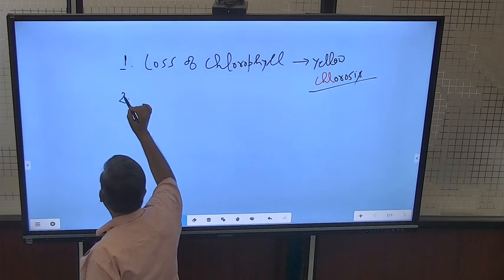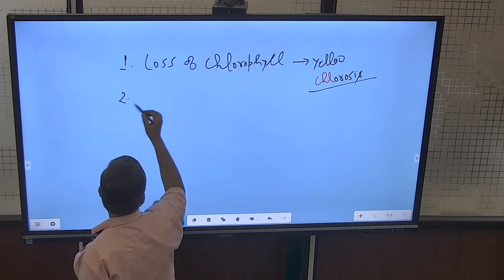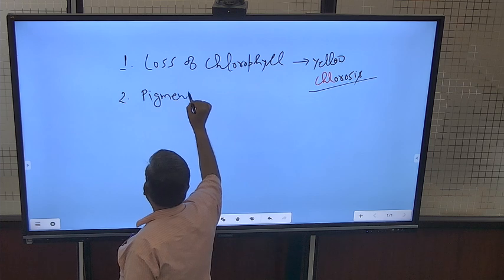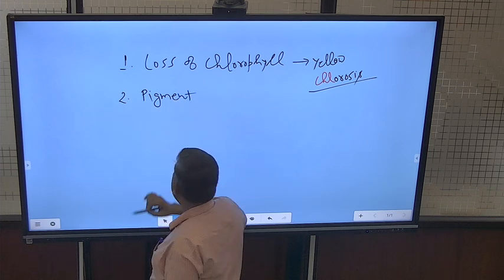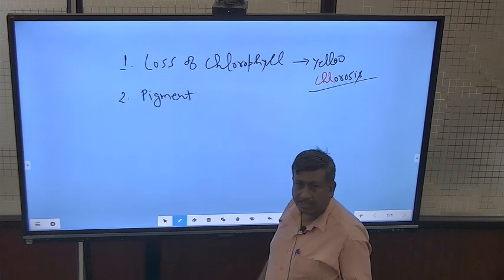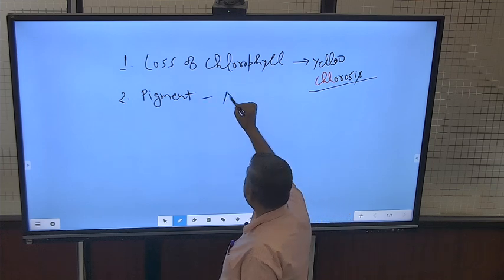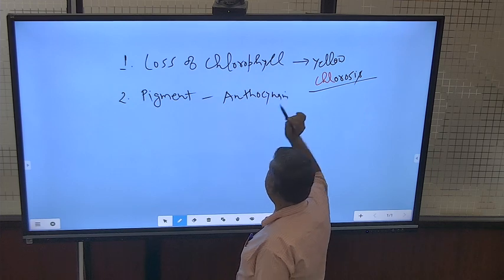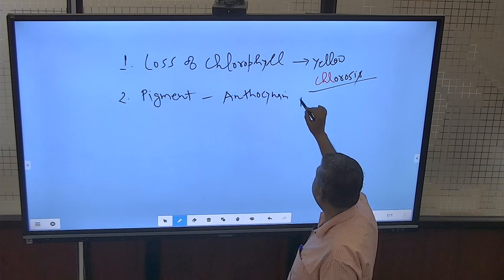Another type of deficiency symptom is pigmentation. Pigment development takes place, particularly anthocyanin. So, chlorophyll is lost and anthocyanin pigment color develops, and this is of a purple color.